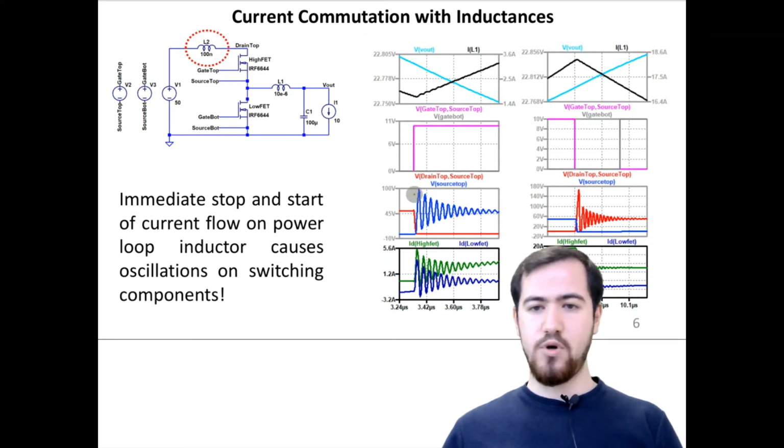Let's see the moment when the high side switch is turned on, the gate voltage is increased as shown here. At that moment we see a clear oscillation on the bottom side switch drain to source voltage, and we observe the same oscillation on the drain currents as well.